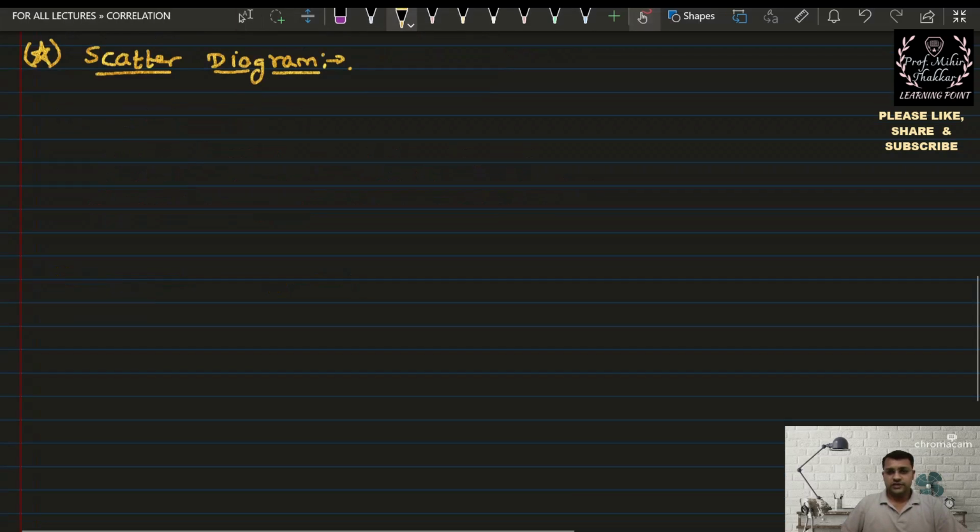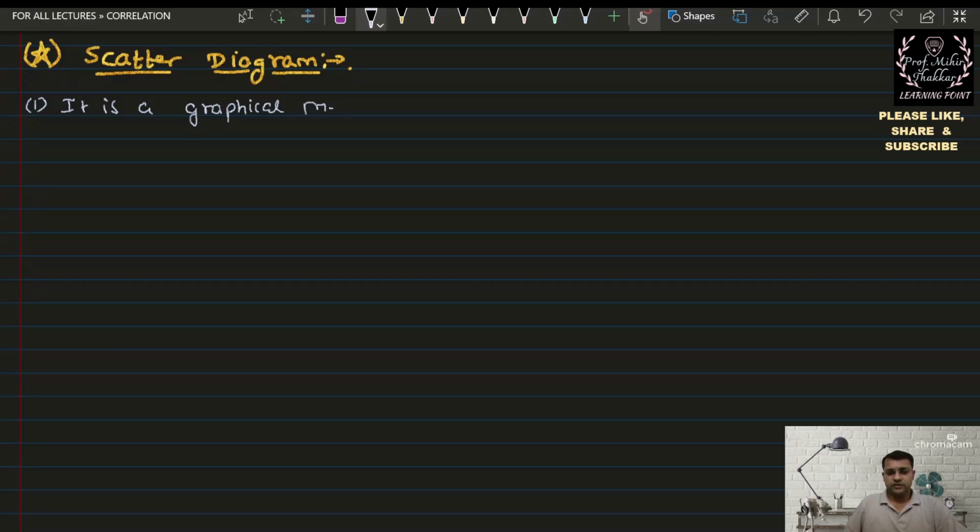So let us start with the points related to the scatter diagram. The first point is that it is a graphical method to study correlation.